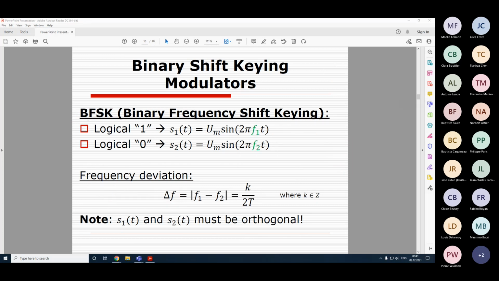Just let me remind you that we need to choose these frequencies F1 and F2 so that the signals S1 and S2, which are these two carrier signals, are orthogonal. This will give us the smallest probability of error. Otherwise the error probability will be greater than it could be.